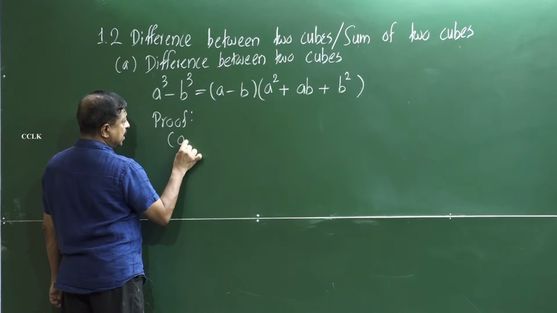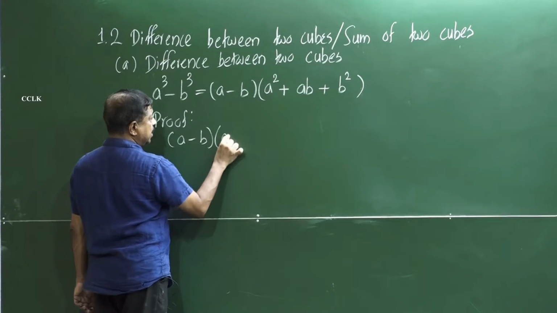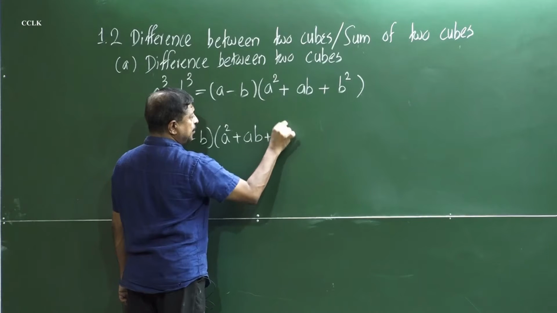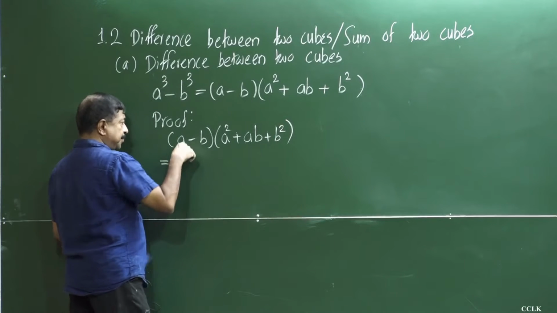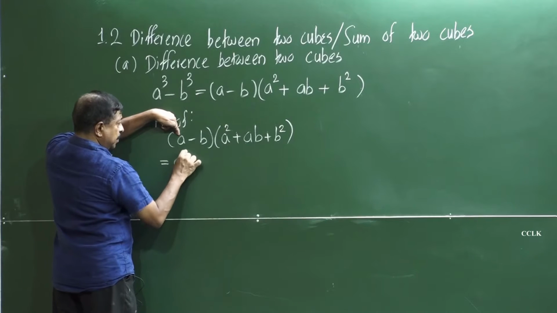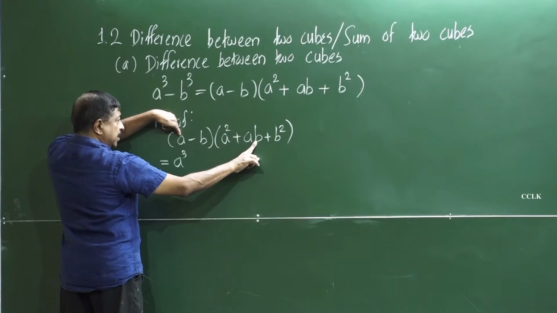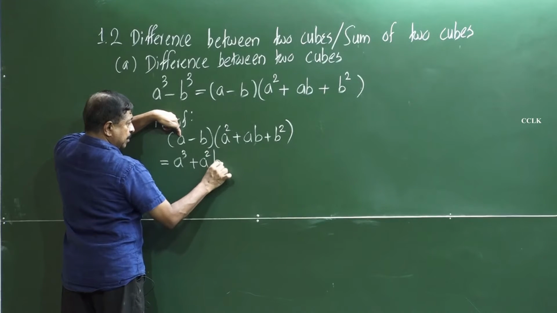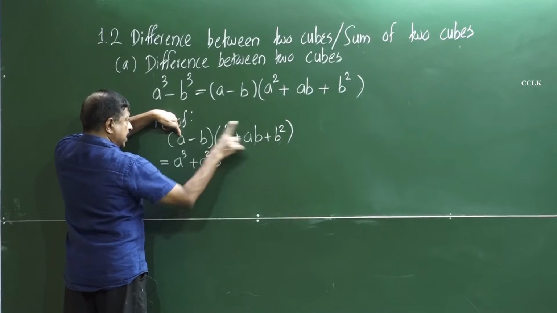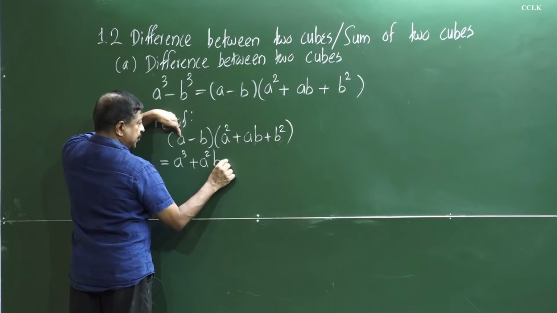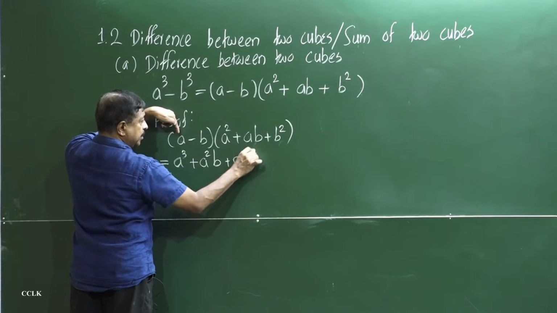So we'll consider A minus B times A squared plus AB plus B squared. Now we can multiply A times this, right? A cube. A times AB, there are two A's, therefore A squared B. Then here, 1A and 2B, like 1A, there B squared. So it's AB squared.